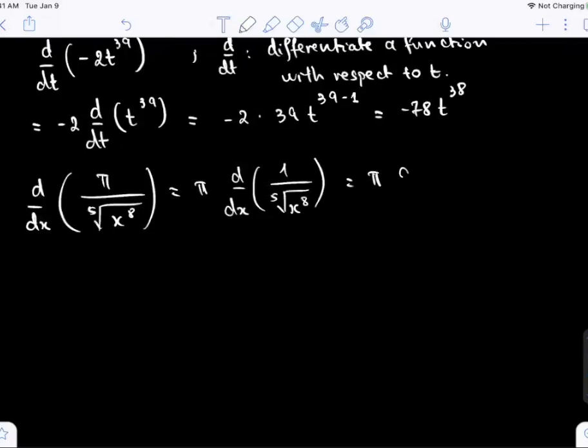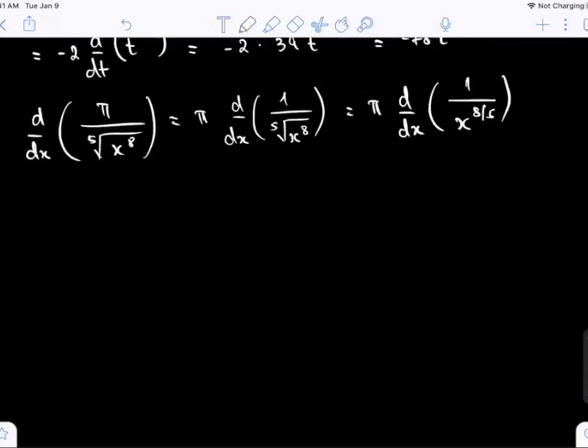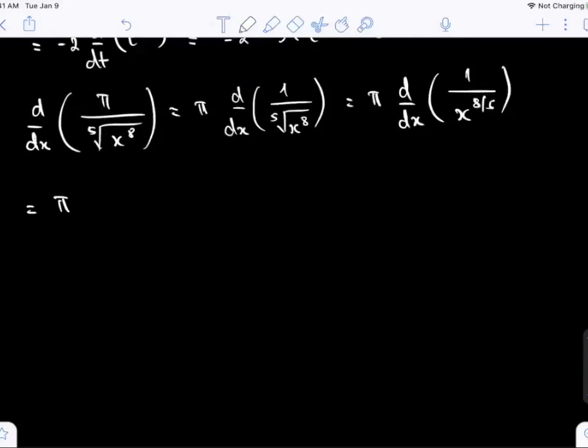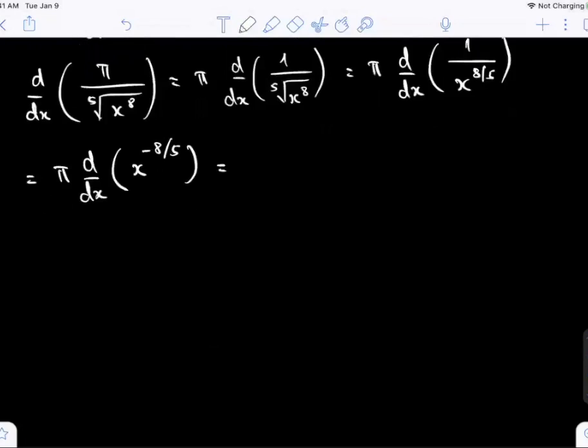This is pi times d dx of 1 over x to the power 8 over 5, which is equal to pi times d dx of x to the -8/5. So the derivative is pi times -8 over 5 times x to the power -8 over 5 minus 1. Well, I have -8 pi over 5 times x to the -13 over 5.